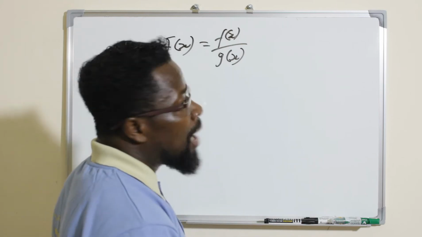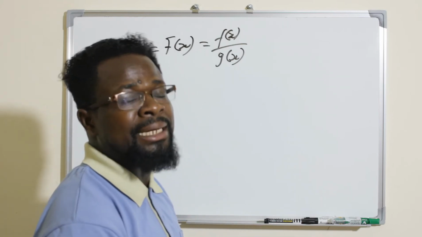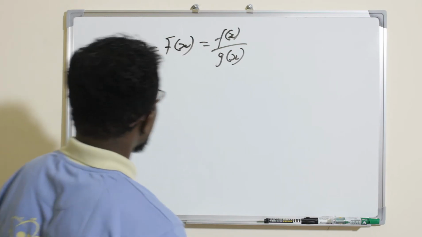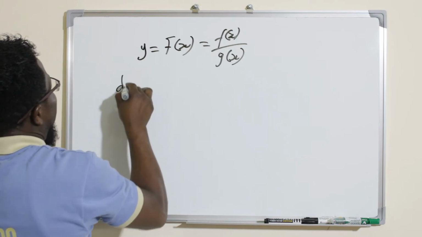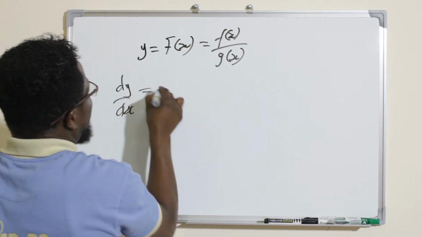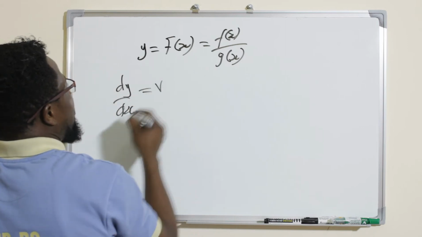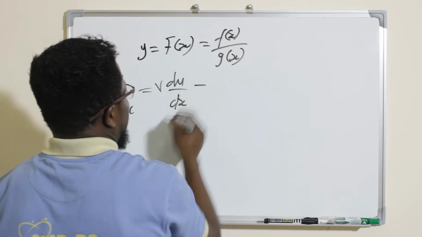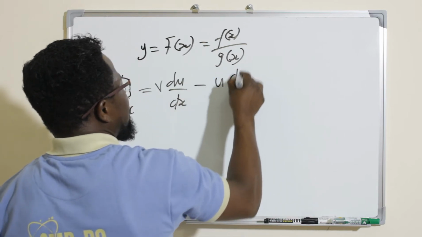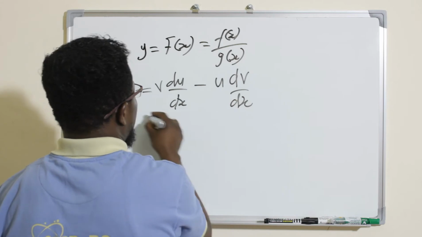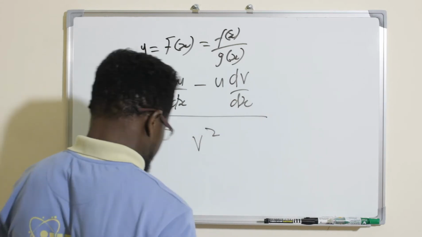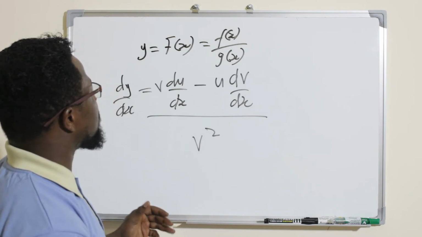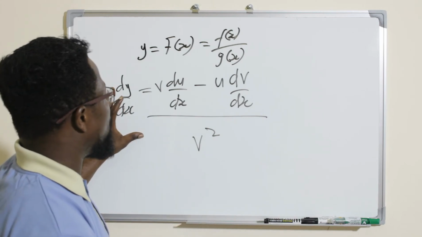Alright, so now let's state the quotient rule and see how we can express it. If I have y, dy/dx will now be equal to v du/dx minus u dv/dx, all over v squared. And this is what we refer to as the quotient rule.